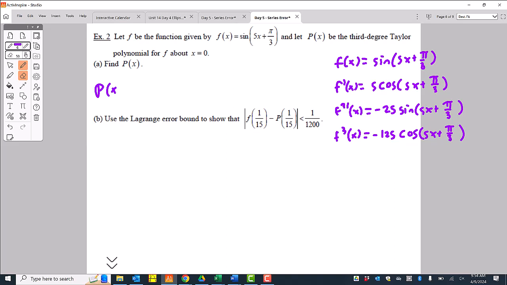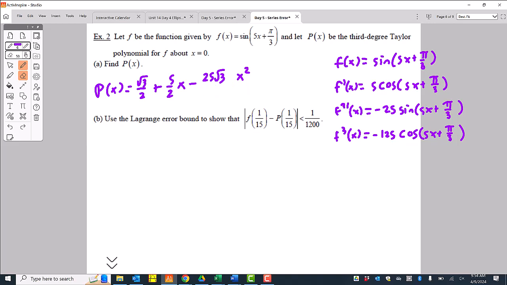So p of x is going to equal, we're going to plug in 0 to get this. Sine of pi over 3 is root 3 over 2, plus cosine of pi over 3 is 1/2, so 5/2 times x, and there's no center other than 0, so just x. Minus, plug in 0 again, we get sine of pi over 3, so that's root 3 over 2 times 25, so 25 root 3 over 2 times x squared over 2.